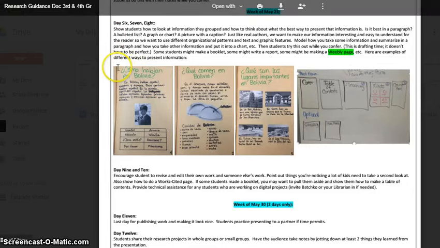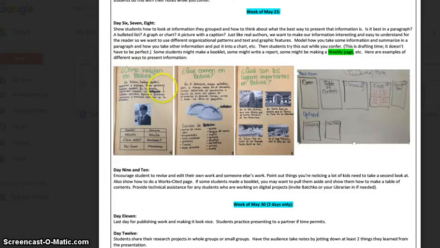This class had a paragraph, then a picture, and then they had a chart to give some information. Then on this page, they had a paragraph, a picture with a label, and bullet points. And then on this one, they talked about places. Well, they showed 4 different places and gave a caption for each one of those places.